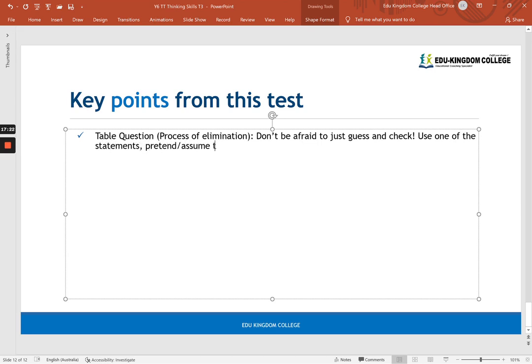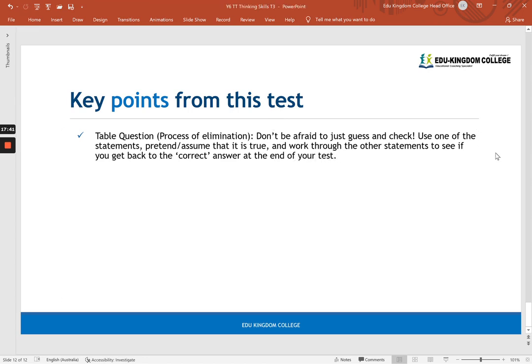Pretend or assume that it is true and work through the other statements to see if you get back to the correct answer at the end of your test. So what I mean by that, you just go through every single one, and when you get to the last statement and you have to put down a certain answer, if that works, then the whole system works.